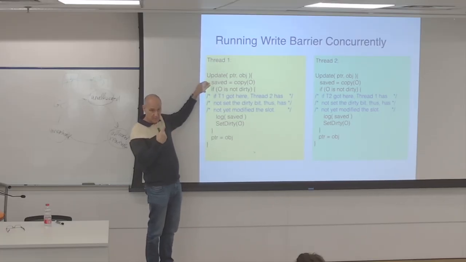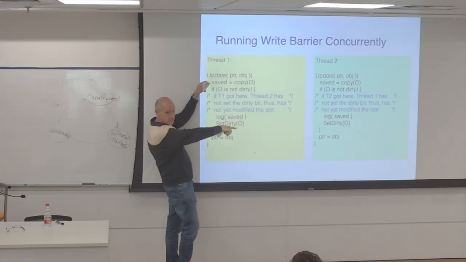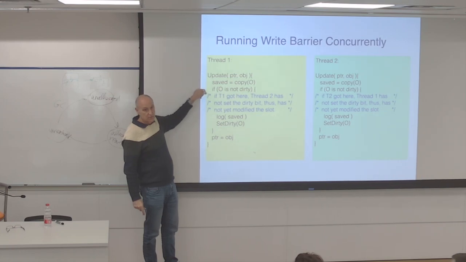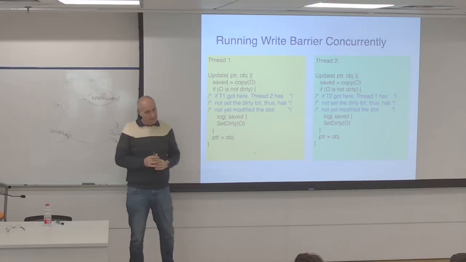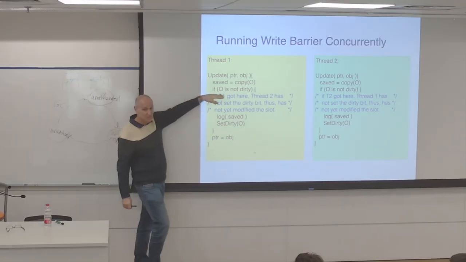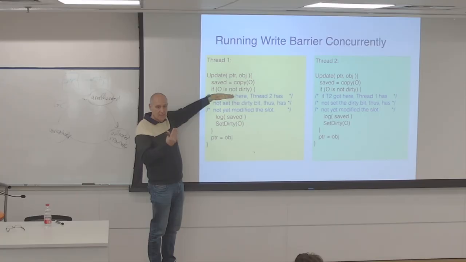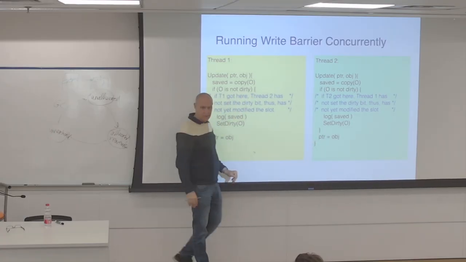This would be my problem, because then I will see something that was not in the snapshot. But if the other guy has changed it, then before that, it set the dirty bit. So there's no chance that I will see the condition as true. So because of this course of events, if both of them are here, then you know that both of them read the original values of the object. You cannot see a new value for the object, because once there's a new value for the object by some other thread, the object has to be dirty.